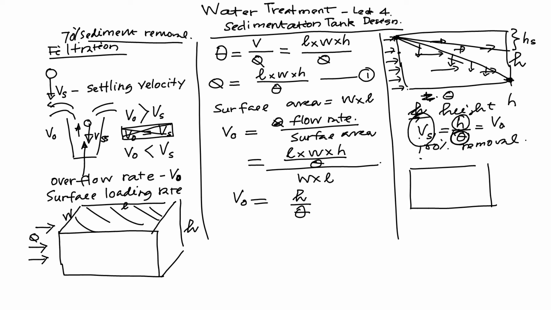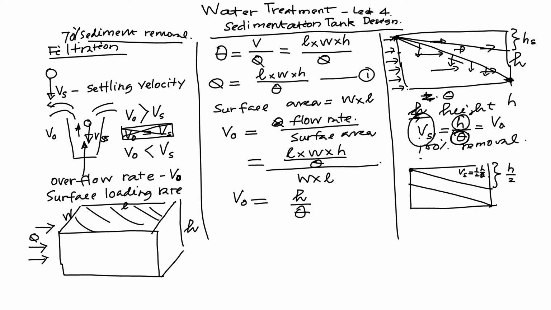If you have another situation, for example, the particle settling velocity is very small, let's say half, the particle entering here will reach only half the height. But you can imagine whatever particle enters at this particular moment, this one travels only h by 2, because Vs is half of h over theta.